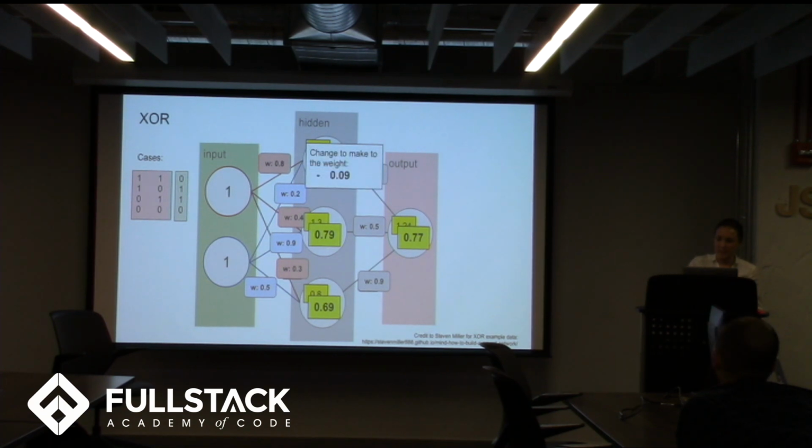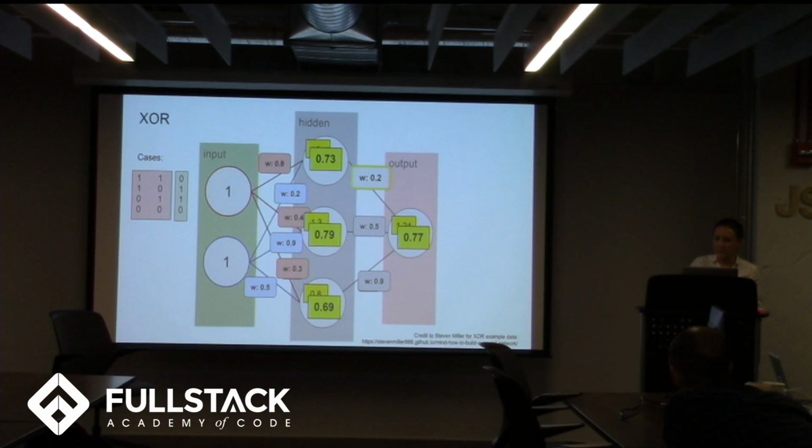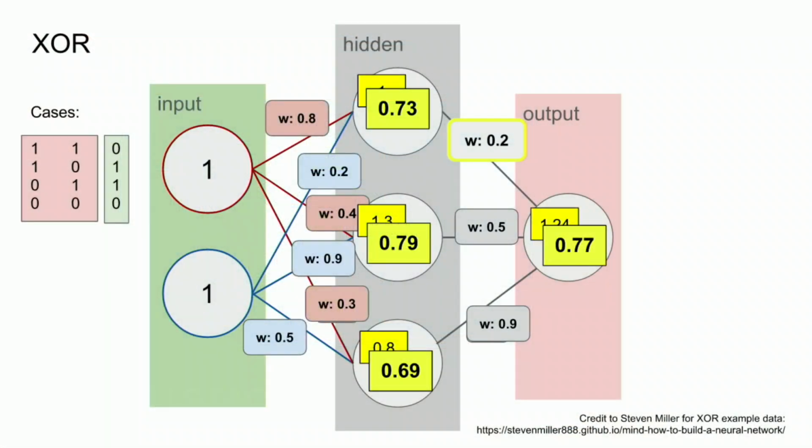So by doing that math, we get the number that we need to change the weight by, and then we minus that number from the weight, and then we get the new weight. So the new weight was 0.2. The old one was 0.3. So as you can see, the value of the weight is decreasing, and eventually what's going to come out of this is a smaller number.